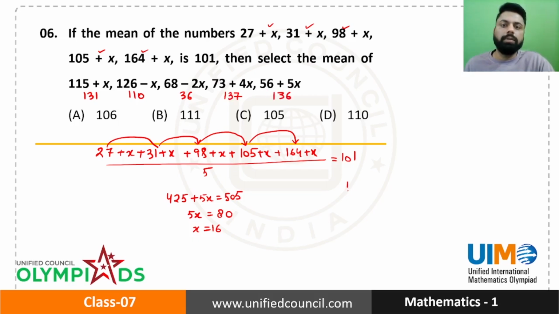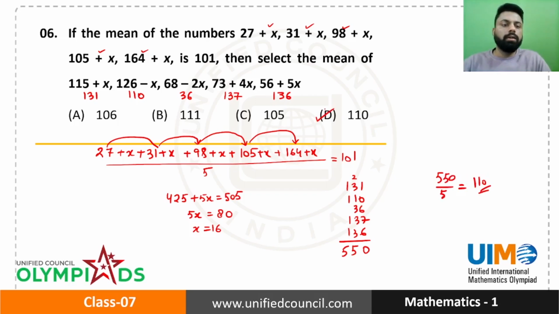The mean of these numbers 131, 110, 36, 137, 136, adds up to 550. So the mean is 550 upon 5, that is equal to 110.